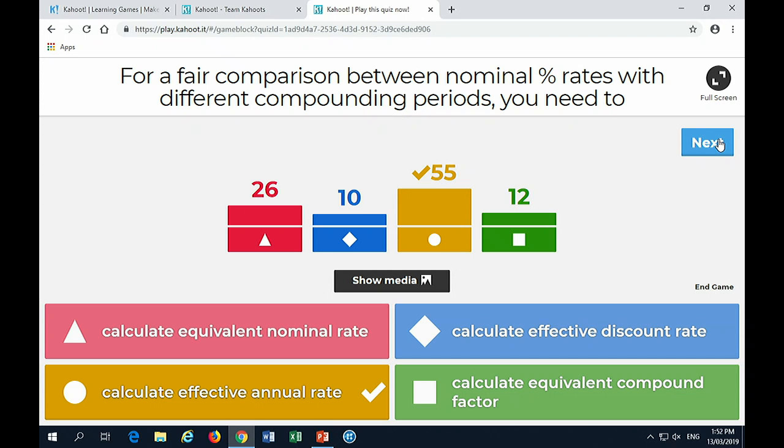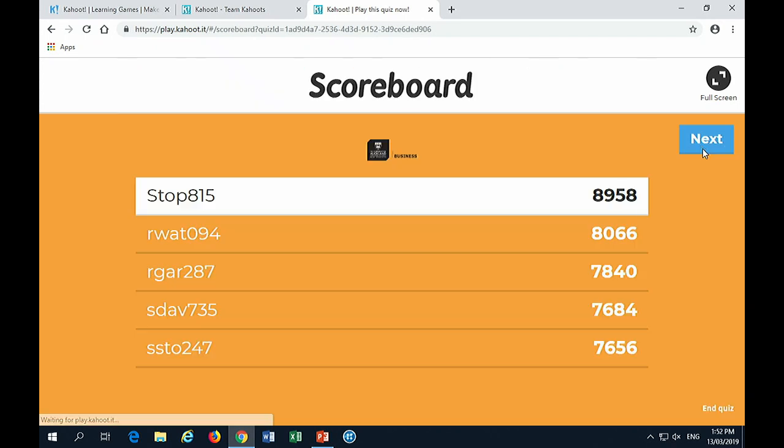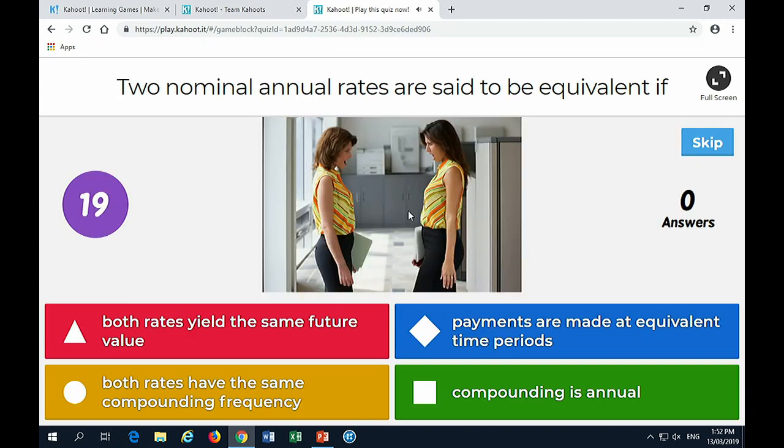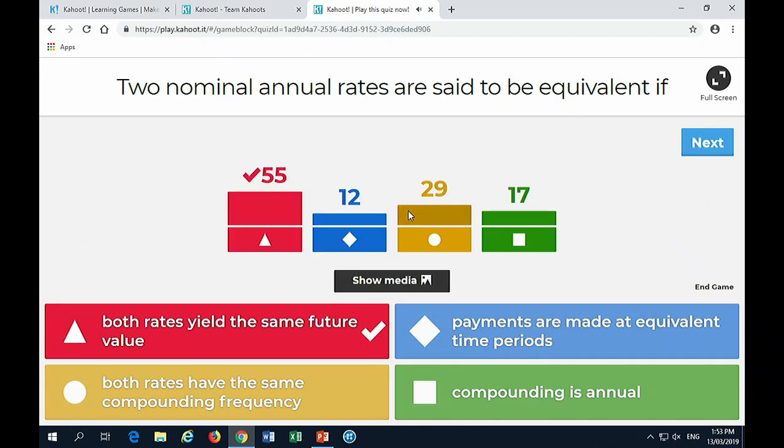Here, the rate is 12.68%. So with this example, these two nominal rates are the same, but they're not equivalent because they don't produce the same future value.